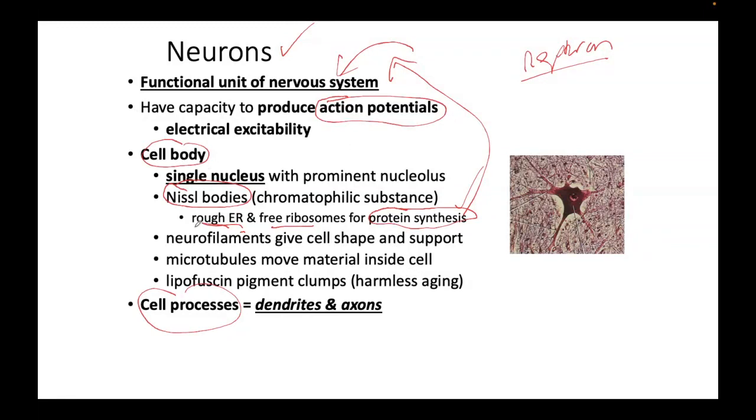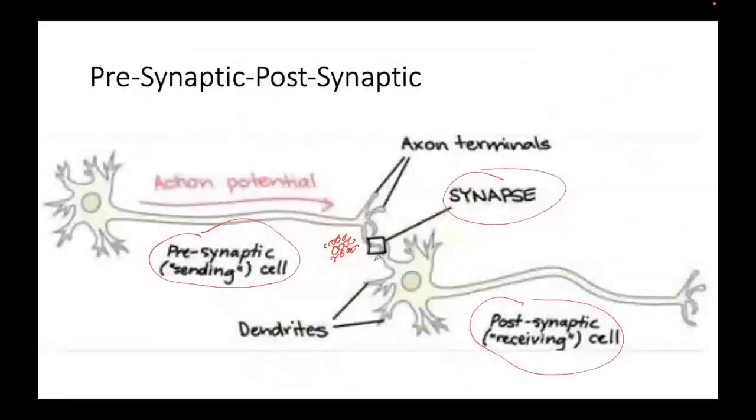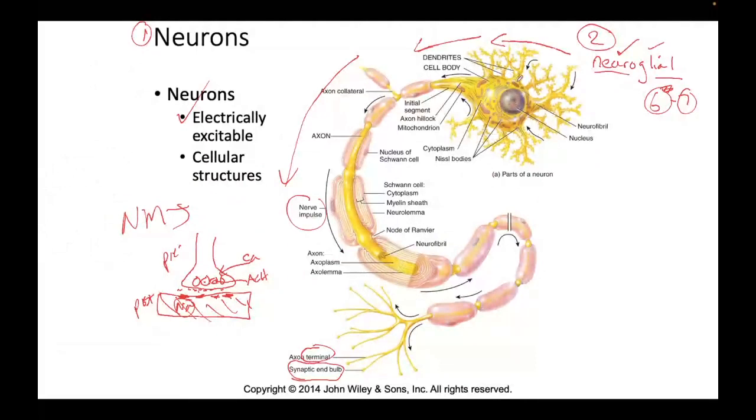So we have cell body and the cell processes, dendrites and axons. When we go back, the cell body is this. Sometimes the cell body is called the soma. The branches are called dendrites, which comes from the Greek word dendra. Dendra means branches of a tree.